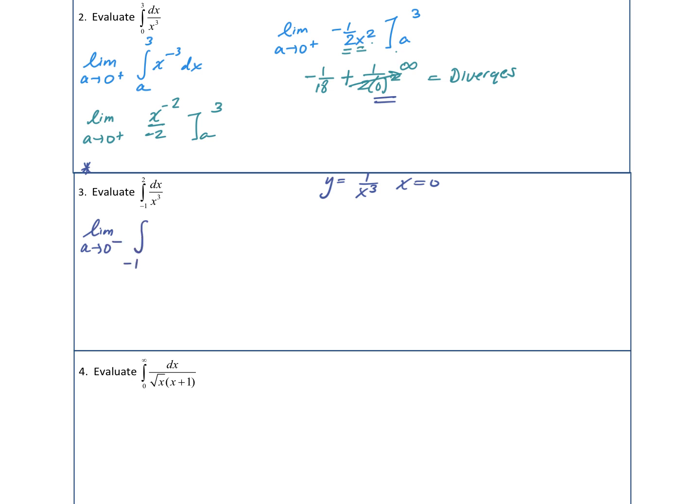It's negative 1 to 0, but I'm going to plug in a. We have x to the negative 3 dx. And then the other bound becomes plus the limit as b goes to 0 from the right, and we go from b to 2.